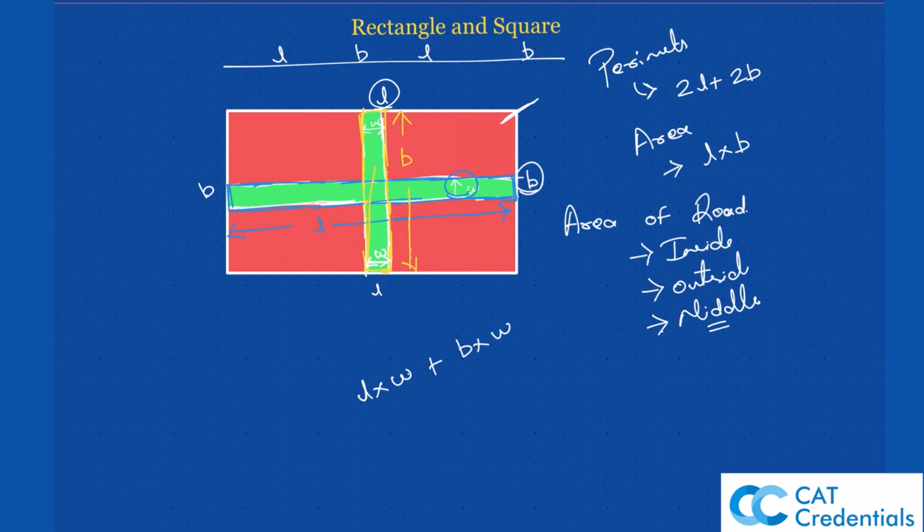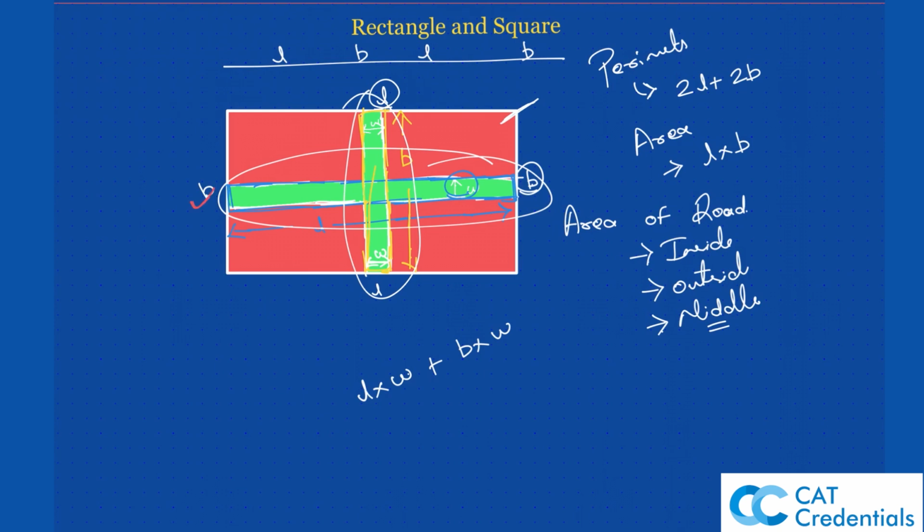So now I know the area of two strips, the first strip and the second strip, and these two strips in the form of a plus form the road. So this will be the area of the road, right? That's what your answer should be. But then you made a mistake here, you took an overlap.